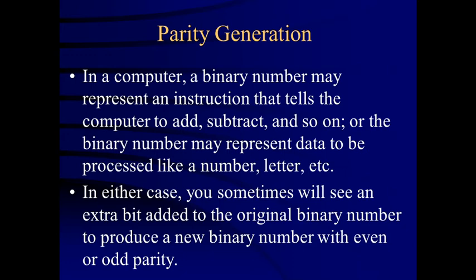But in this data, one more bit is going to be added, which is known as the parity bit. This ninth parity bit is normally added to the 8-bit number, and it can make this data either an even parity number or an odd parity number.